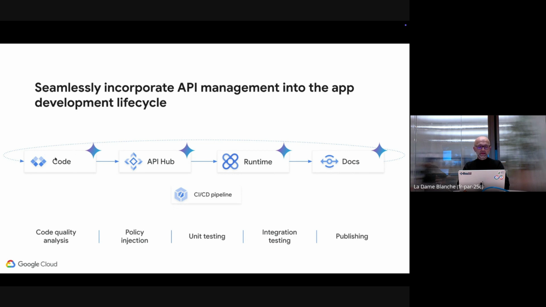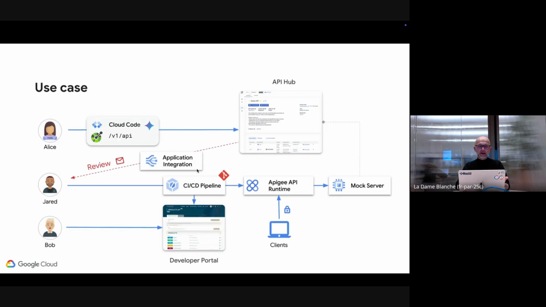So you can see here that I'm not managing an IDE anymore. I create a specification, maybe using Gemini Code Assist for Apigee. With the prompt, I can generate my specification, store it in API hub, and that's done. And we could implement this kind of use case. With Cloud Code and Gemini, I create my specification and push it into API hub.